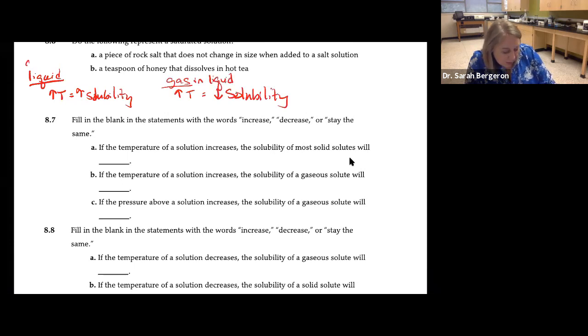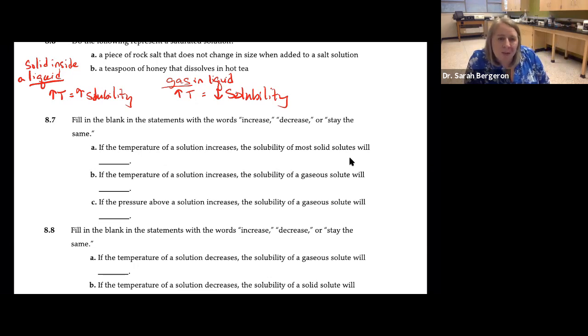This is a solid inside a liquid, right? And so what happens if you increase temperature for the gas? You're decreasing the solubility, and so you're losing gaseous particles into the air, right?